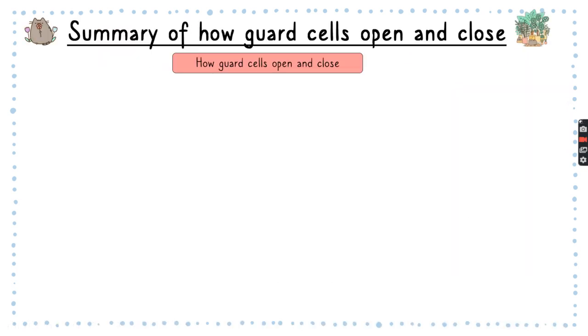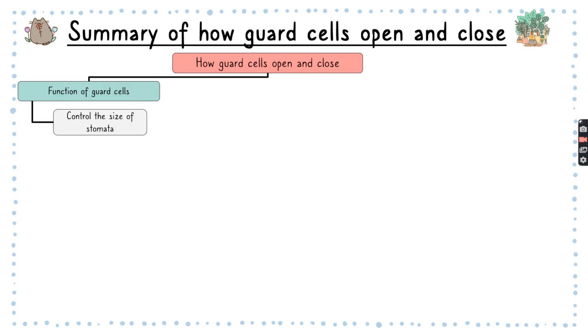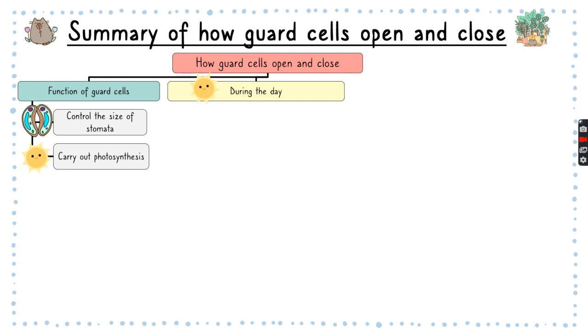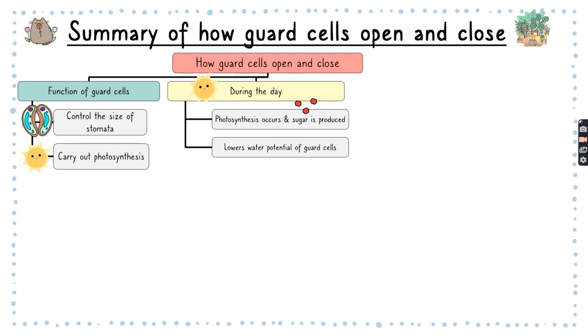So why is that important? If you guys remember the topic when we were talking about how guard cells open and close. So firstly, what is the function of guard cells? They control the size of the stomata and they can carry out photosynthesis. So during the day, when there is sunlight, photosynthesis occurs and sugar is produced.